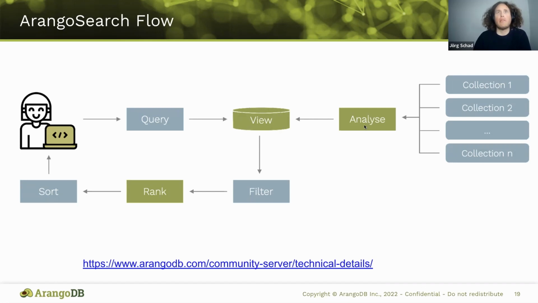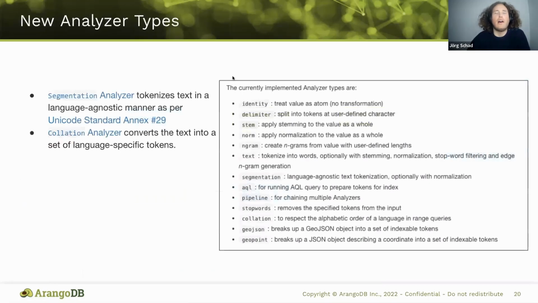The analyzers, let's maybe just quickly jump to a list of some of the analyzers which are already implemented in ArangoDB. It can be, for example, text analyzers, tokenizing words with optional stemming, normalization. It can be n-gram search for fuzzy search or other things. Segmentation is one of the new ones. Geo capabilities were also introduced there.